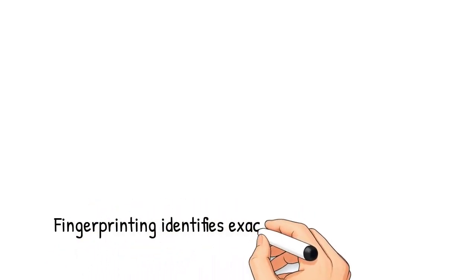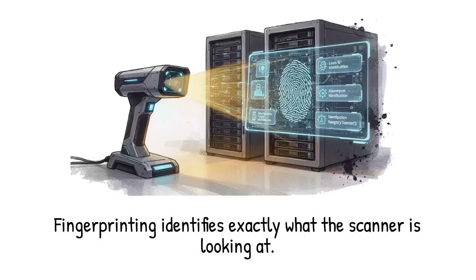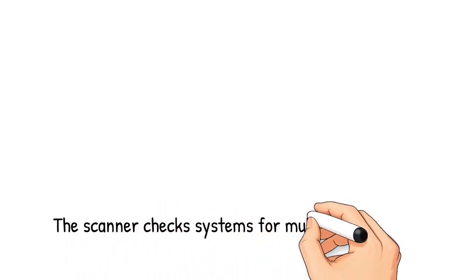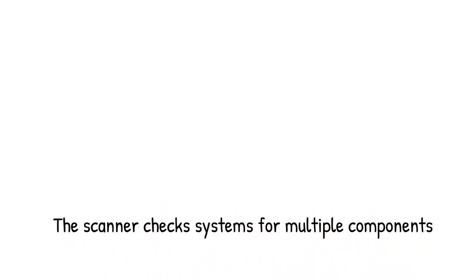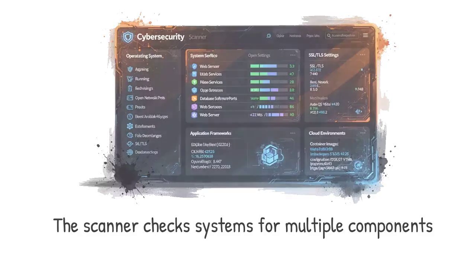Fingerprinting. The scanner identifies the target's identity. Before a scanner can detect vulnerabilities, it must first understand what it is scanning. This process of discovery is known as fingerprinting. The scanner tries to determine operating system, kernel version, installed software, running services, open ports, web server type, database type, SSL/TLS configuration, application frameworks, cloud provider, and container base image.